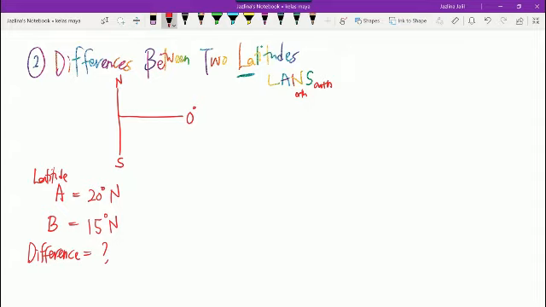But there are some of you who can't imagine it, so it's better you draw like what I draw here. So now latitude A is 20 degree north, so north will be upper. Above this 0 degree, A will be 20 degree.